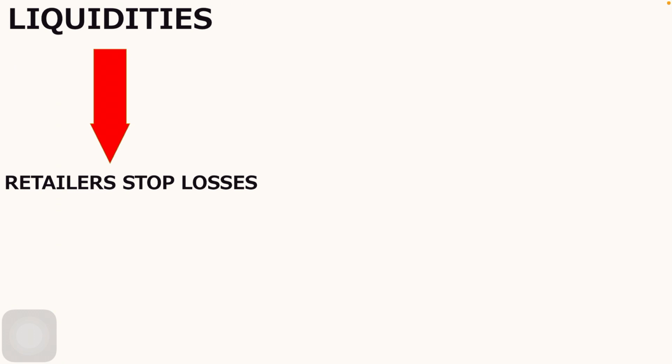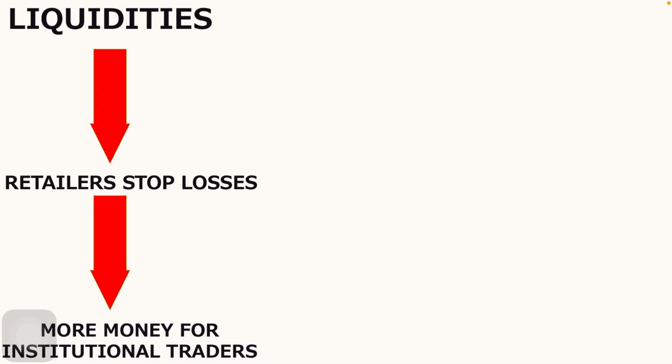If they want to buy, they will first sell in order to take out your stop loss and then buy. Those stop losses form fuel for their trade. If they want to sell, they'll first buy, take out your stop losses, and now sell. So liquidities are retailer stop losses, and it actually means more money for institutional traders.